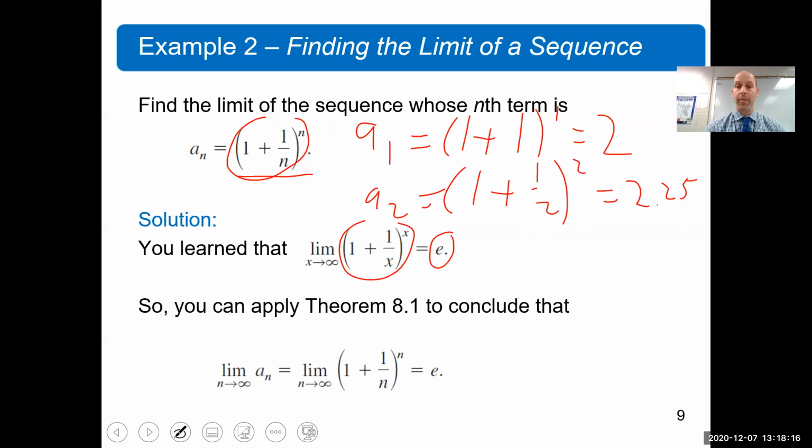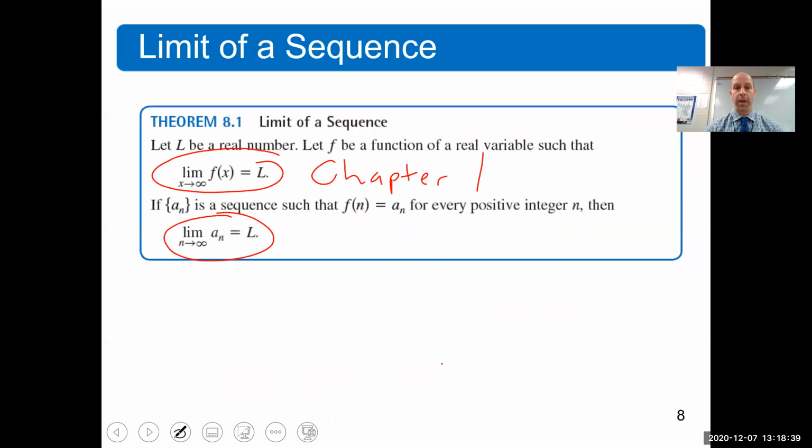So we can apply theorem 8.1 to conclude that the limit of the nth term of our sequence is equal to the limit of the function as n goes to infinity, in this case e. So the limit of the nth term of this sequence is going to be e. Again, a very important theorem.